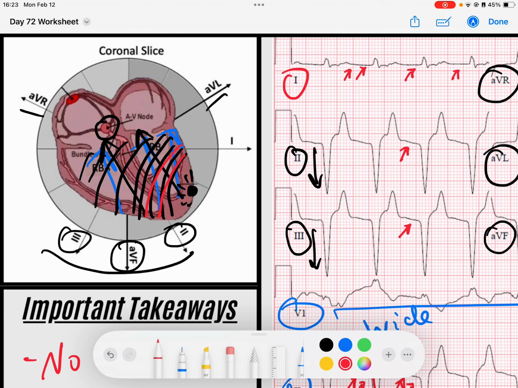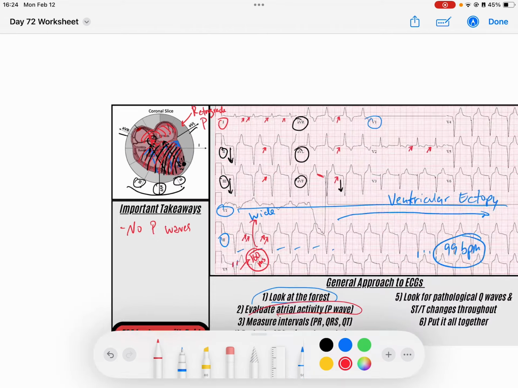So this signal that is spreading through the ventricular myocardium is going to reach the AV node, and some people's AV node has the ability to conduct that and depolarize the atria in a retrograde fashion and create retrograde P waves. Some people do.